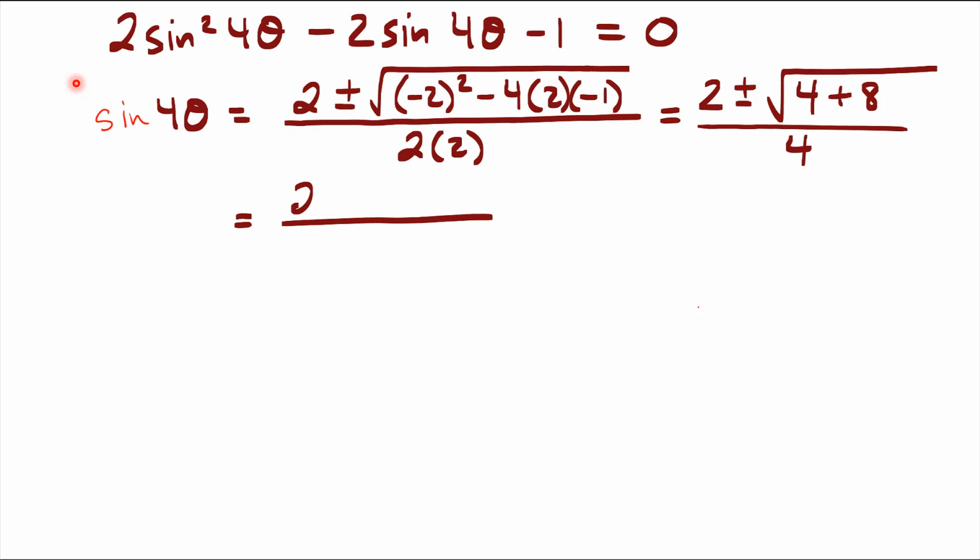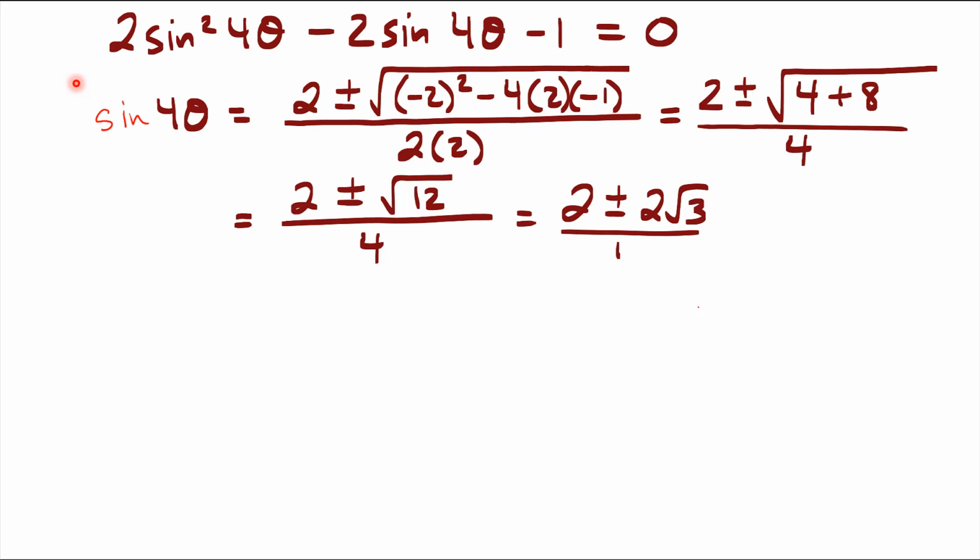Alright, I have 2 plus or minus the square root of 12 over 4. 12 is made up of 4 times 3, so that means it's going to be 2 root 3 over 4. And then I can reduce this down some more. I can divide each of these pieces by 2, because 2 is a number that goes into all 4 terms. So 1 plus or minus the square root of 3 over 2, done.